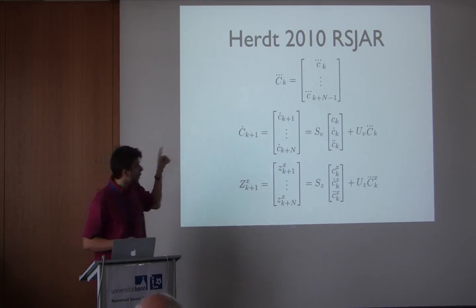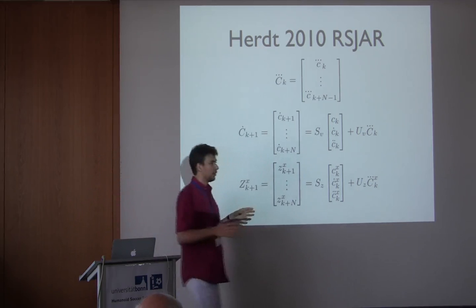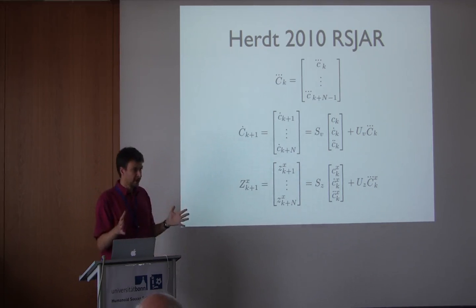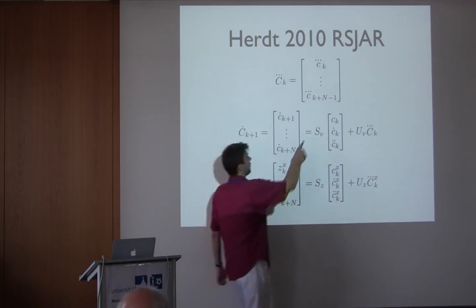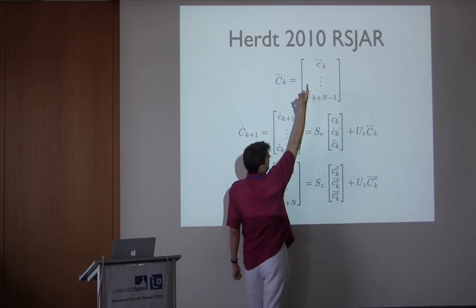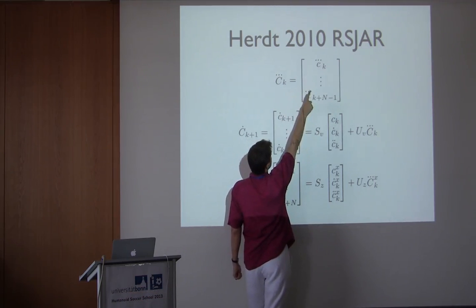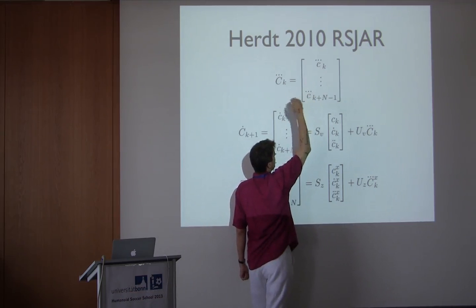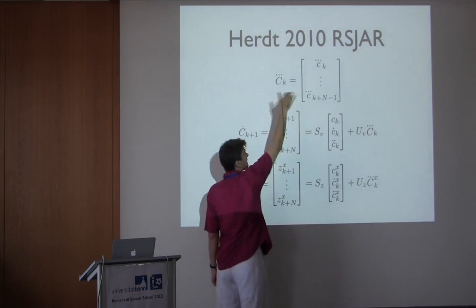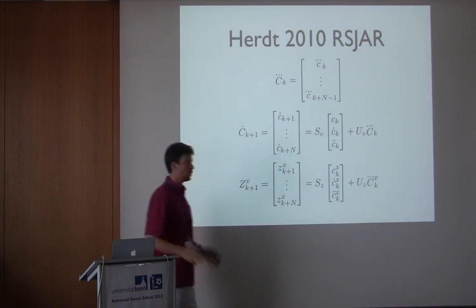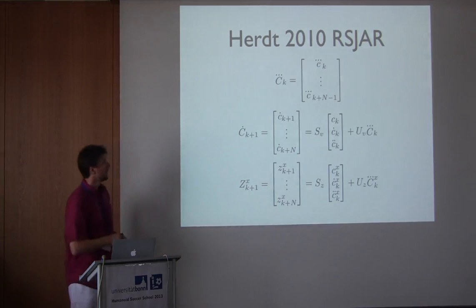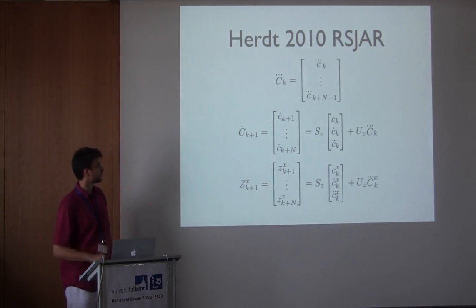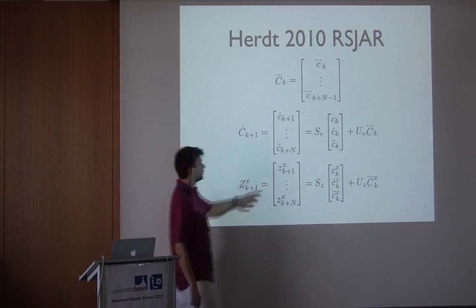I'm going to tell you later why we make this choice. So basically, the value that we want to find is the third derivative, the jerk of the center of mass for every sampling period, for the next n sampling periods. Okay? So we put this in a vector, x and y coordinates. So that's what we want to find.